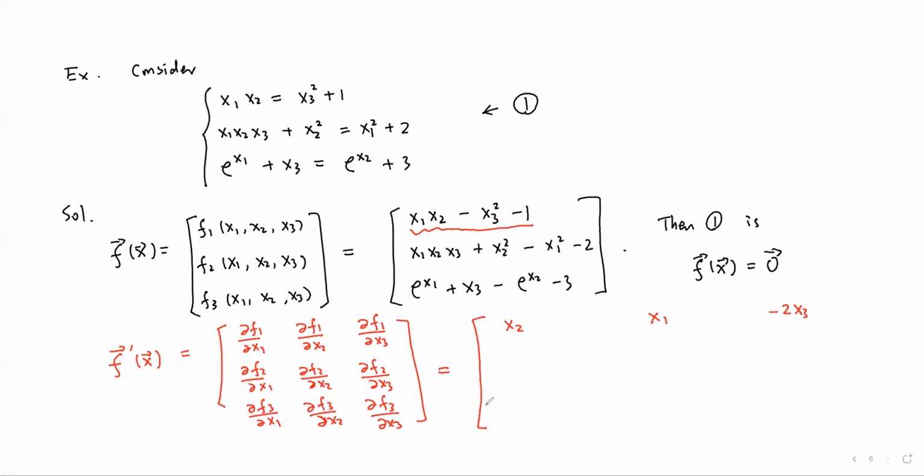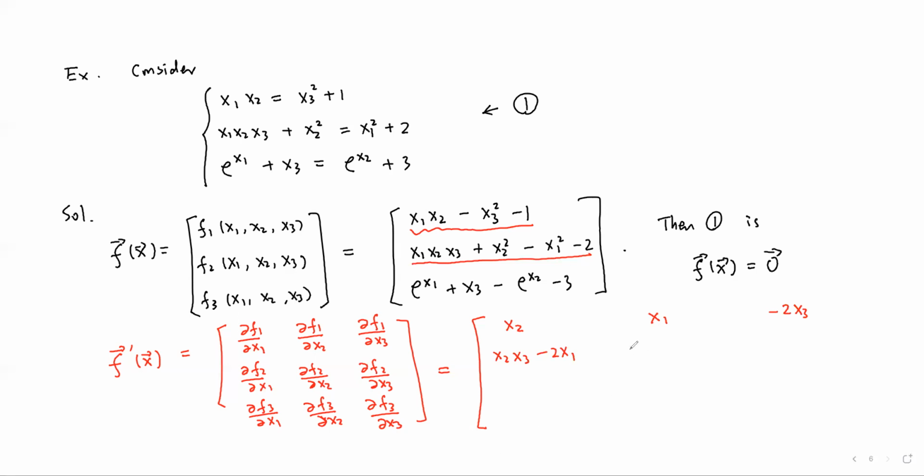Partial f2, partial x1. This is f2. Take the derivative with respect to x1, then we get x2, x3 minus 2x1.